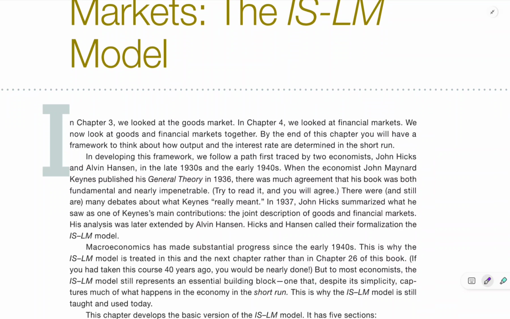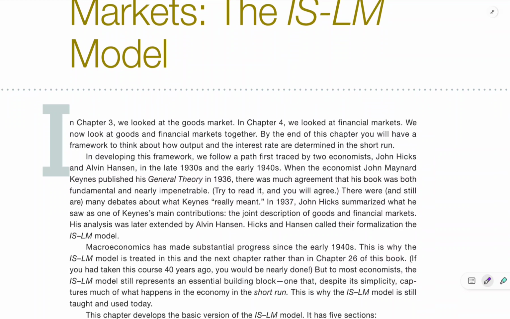There were and still are many debates about what Keynes really meant. In 1937, John Hicks summarized what he saw as one of Keynes' main contributions, the joint description of goods and financial markets. His analysis was later extended by Alvin Hansen. Hicks and Hansen called their formulation the IS-LM model.